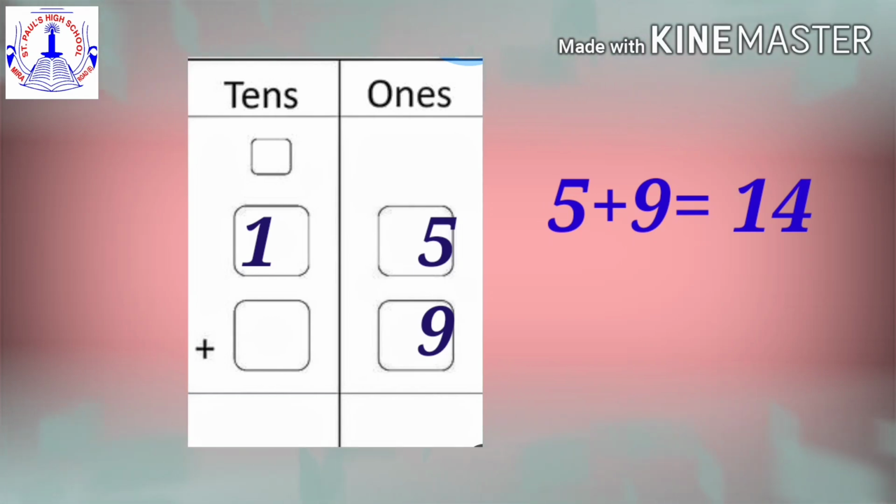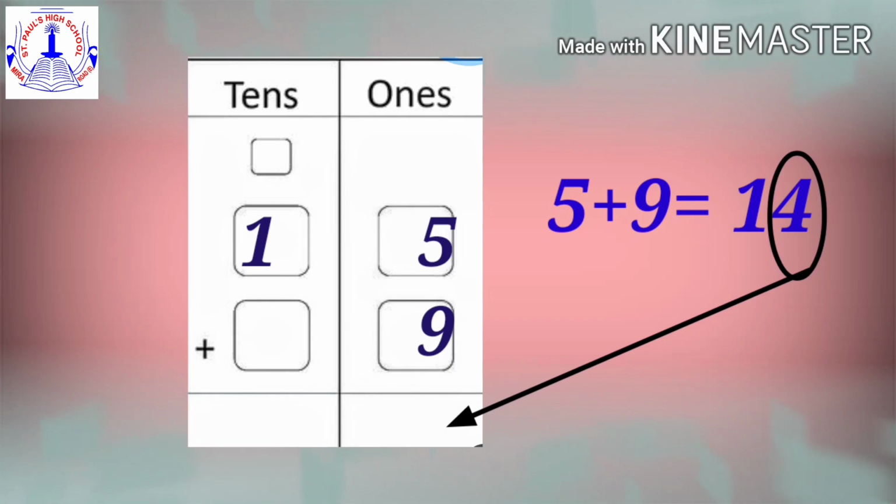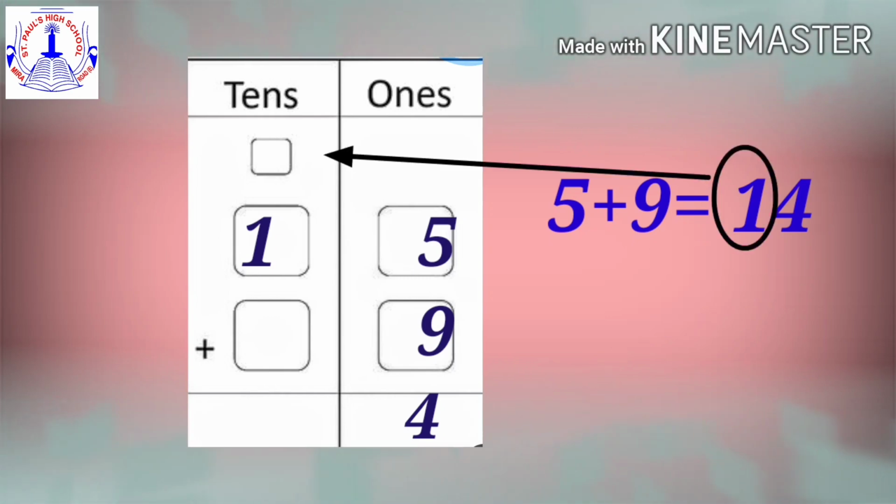So 5 plus 9 is 14. So 4 will go down in the ones place, as in the number 14, 4 is in ones place and 1 is in tens place. So 4 will go down and then 1 will go where? Yes, 1 will go in the tens place.